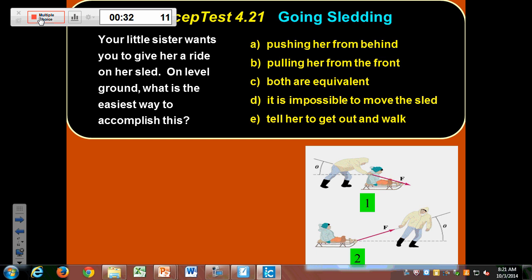Right, it's not E. A, B, or C. You want to find the scenario that gives you the least frictional force.